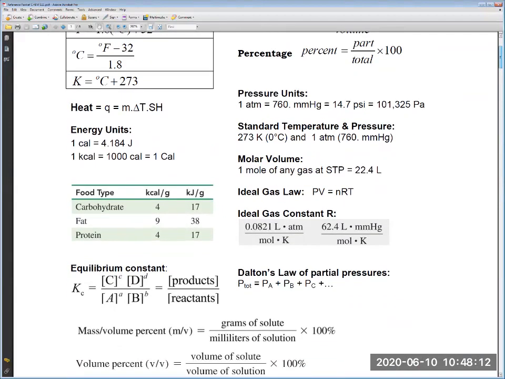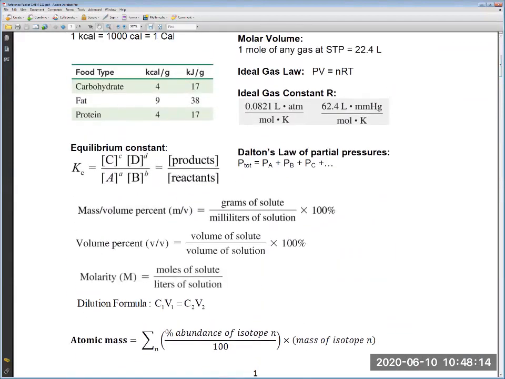Equilibrium constant, Kc, is the concentration of product over the concentration of reactant. And with more details, the coefficients become exponents for each concentration. So let's remember this formula and apply it here.